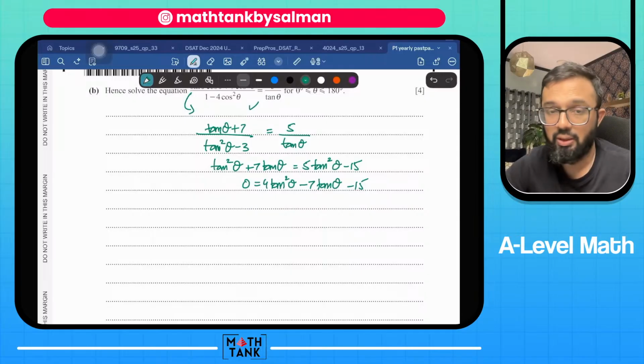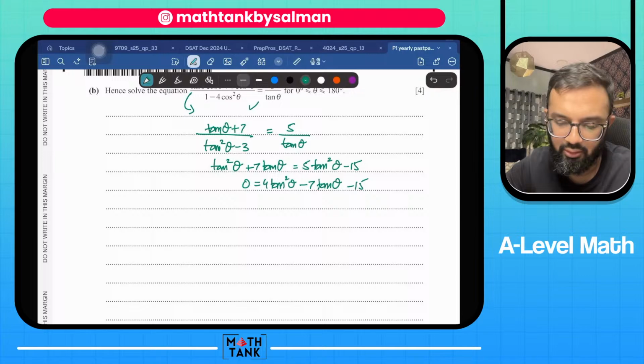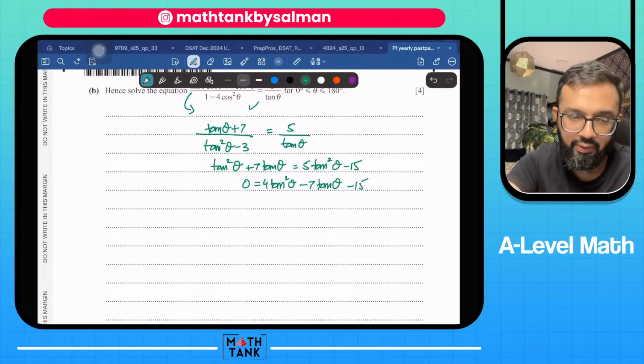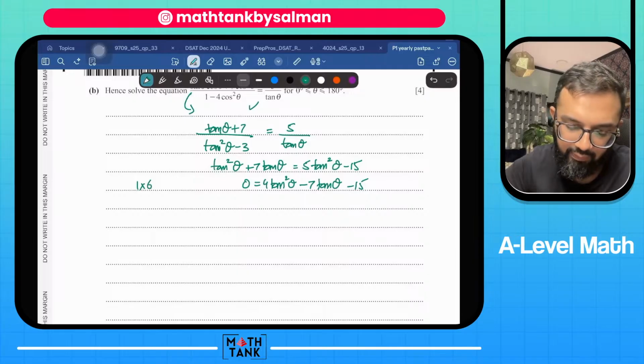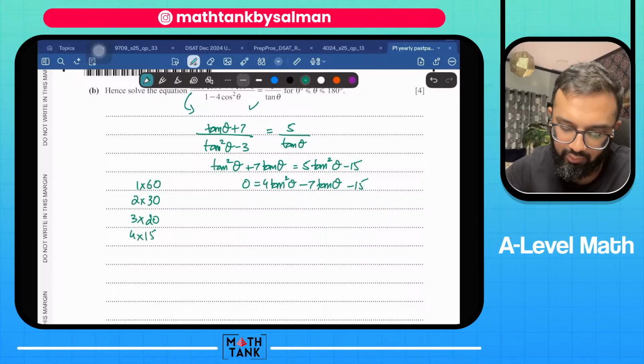Or I can just put it on my calculator and do a quadratic. I think I'm going to break the middle term. In fact, 4 into 15 is 60. The factors of 60 are 5 and 12.